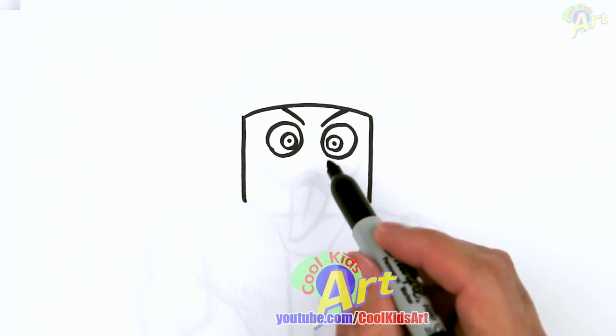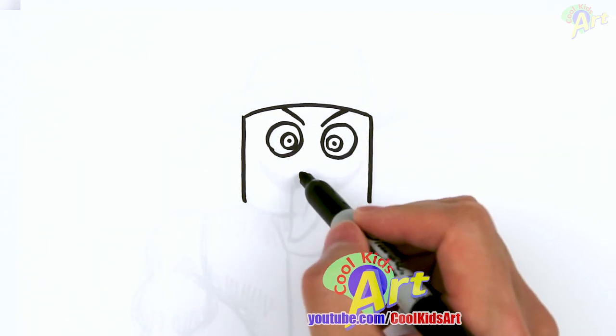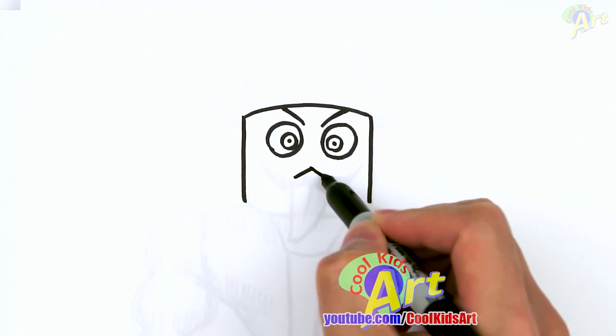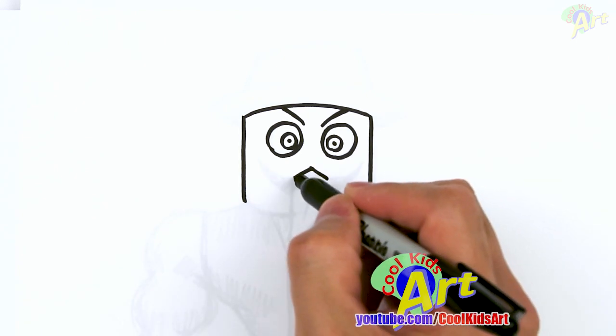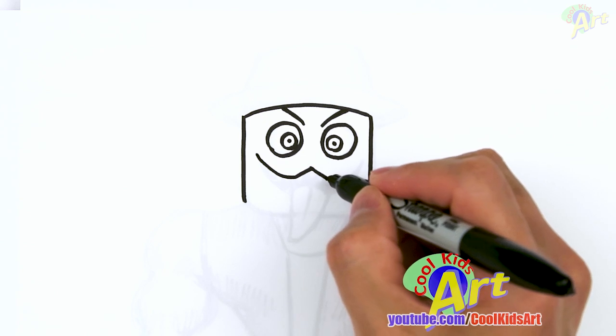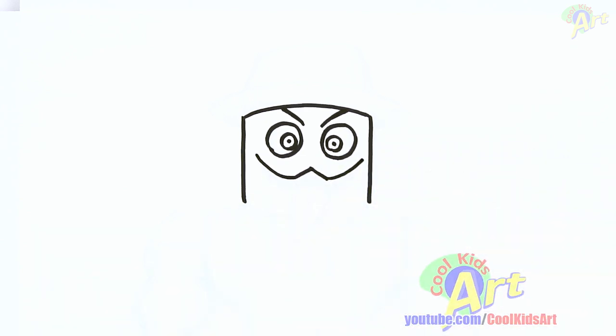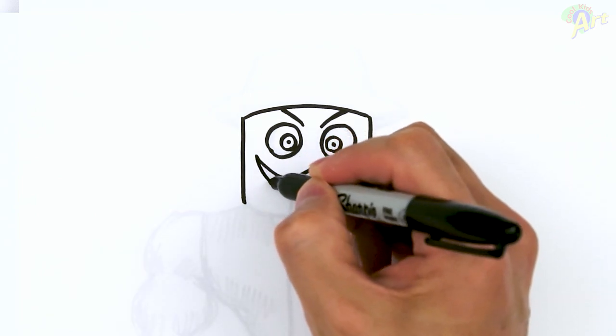Alright, so from here, let's go ahead and finish up the mouth, and then we'll draw in the hat. So right in the middle, just come down, just draw a little angle like this. And then from the corners here, we'll curve all the way up. So this is going to be the upper lip. Curve back down.